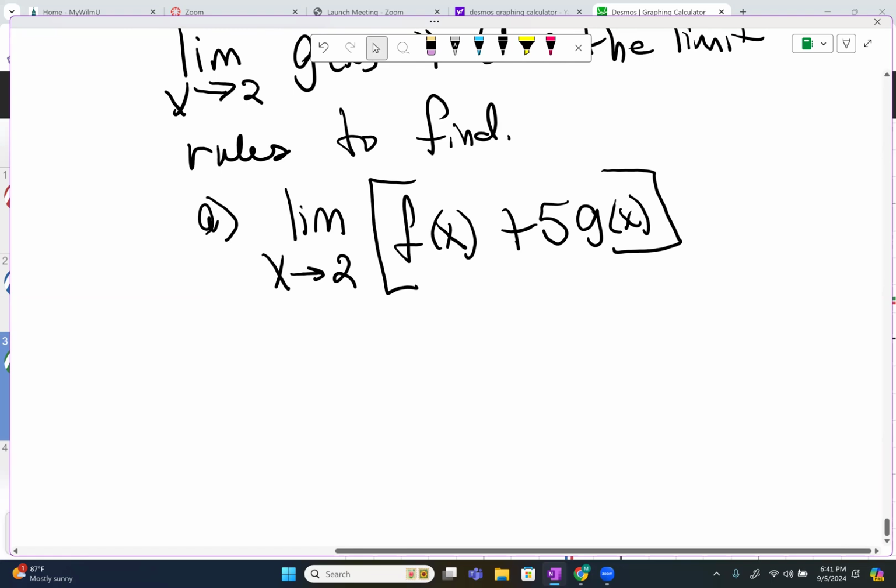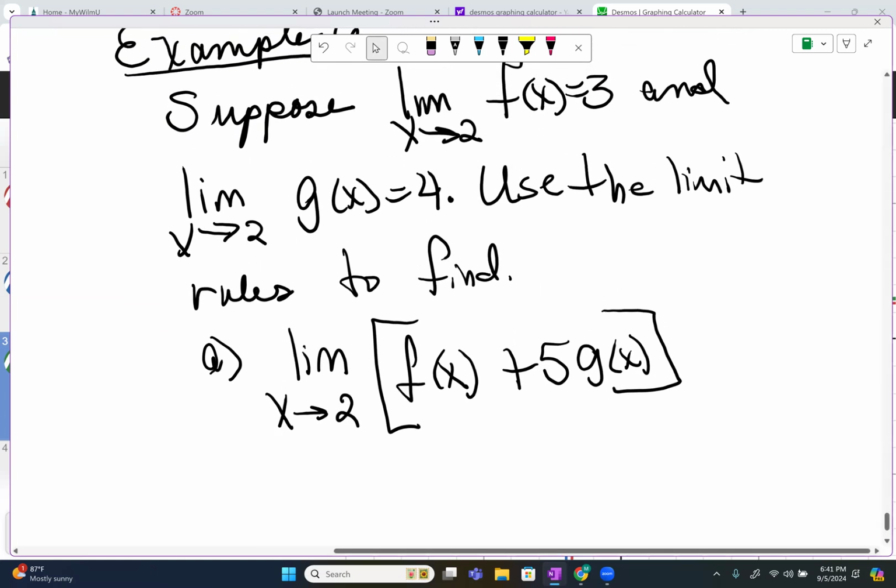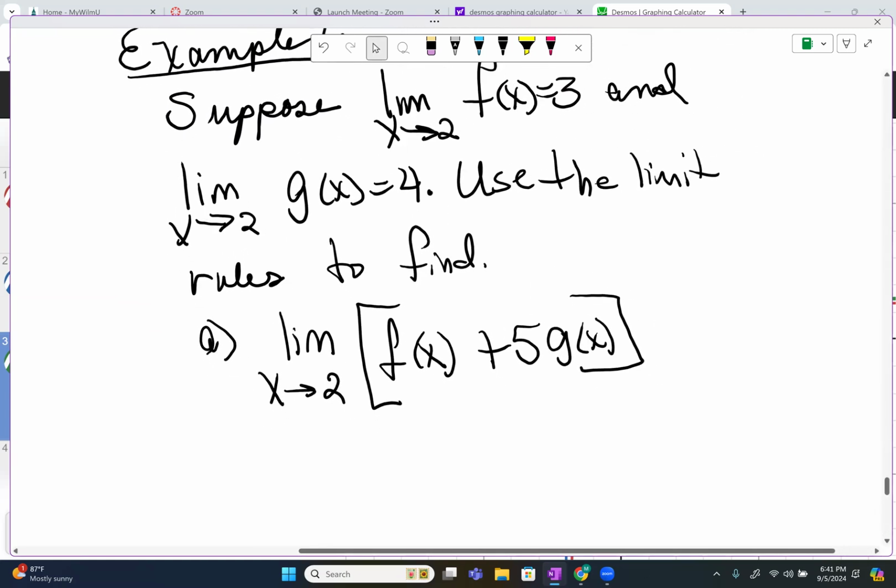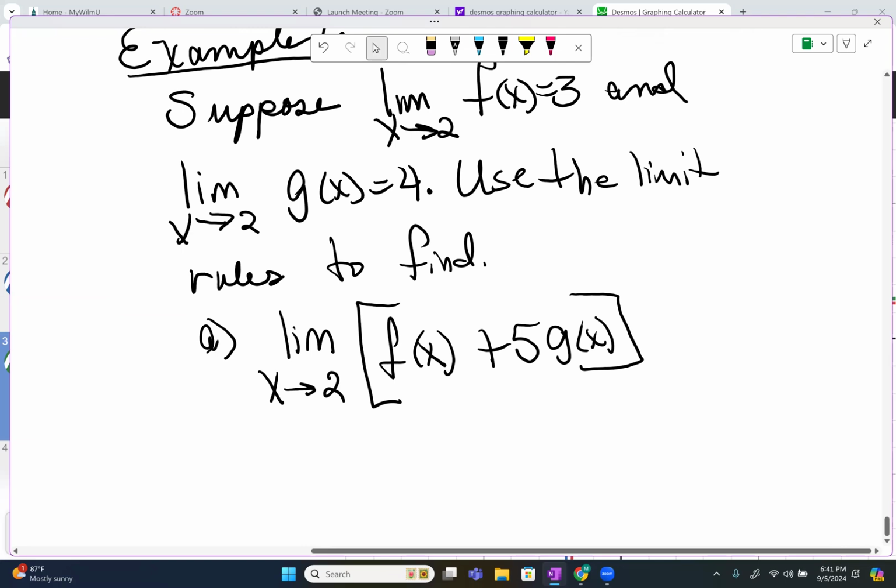Anybody want to take a guess? f of x is 3. g of x is 4.